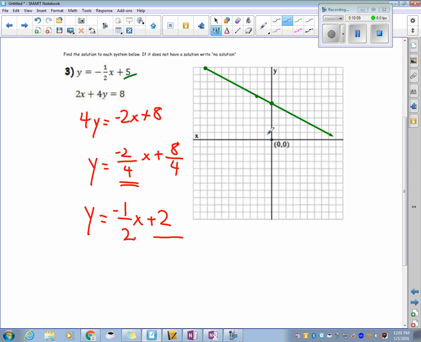So let's try that again. The intercept is still at 2, but the slope is 1/2. So up 1 and over 2. So what are we seeing about this graph? It does not intersect. Why doesn't it intersect?